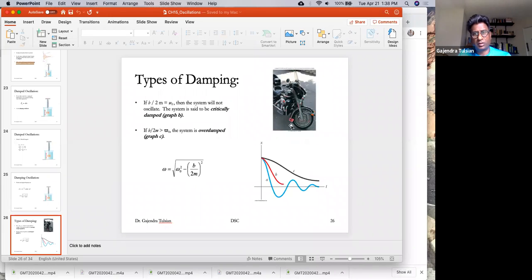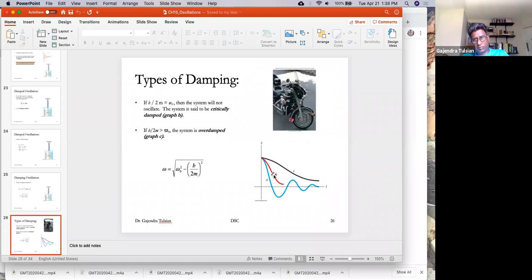All right, so like we said, the amount of friction determines the kind of oscillations that you have. If there's little friction, you'll have a system that will oscillate, and the oscillations will die after a long time.